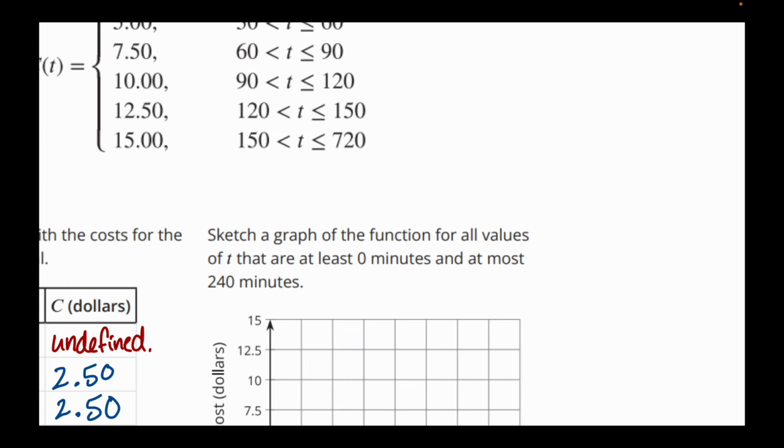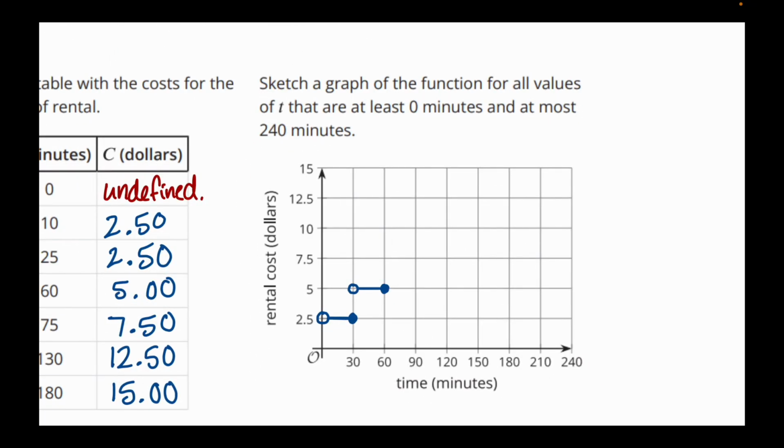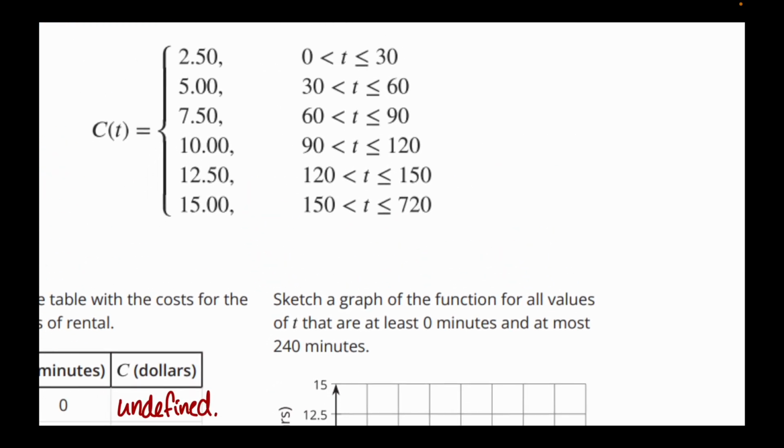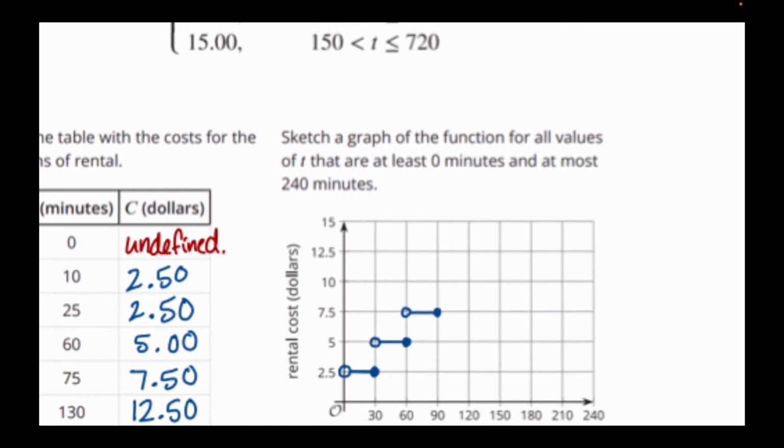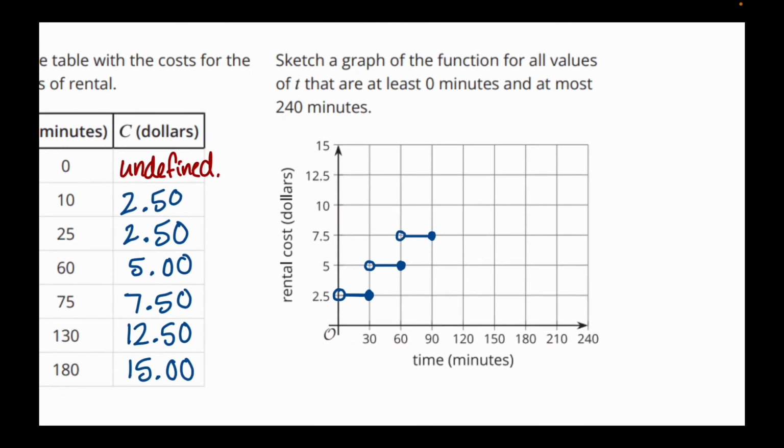This one goes from 60 to 90 at $7.50, so from 60 to 90. Our next one goes from 90 to 120, and that's at $10, so from 90 to 120 here.